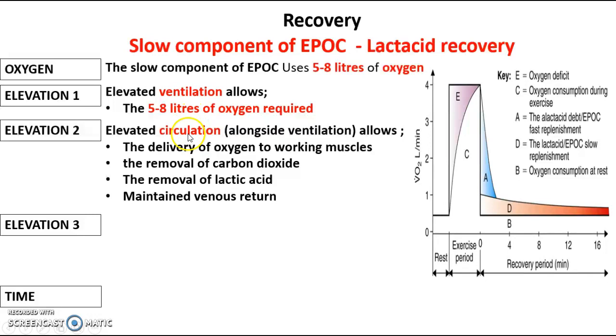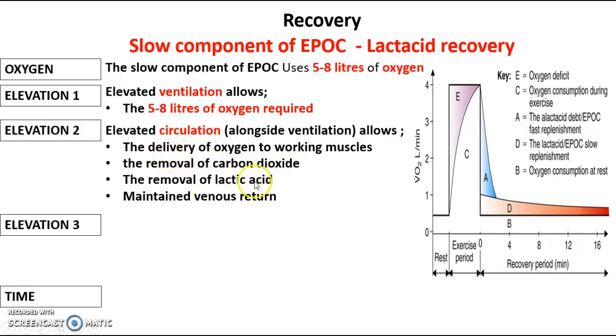So circulation alongside ventilation, when they are elevated when we finish exercise, remember they don't go straight down, this allows the following things to happen, which we all understand. It's stuff we've talked about from the start of A-level PE. It delivers the increased amount of oxygen to working muscles, and it also allows us to remove the waste product carbon dioxide.